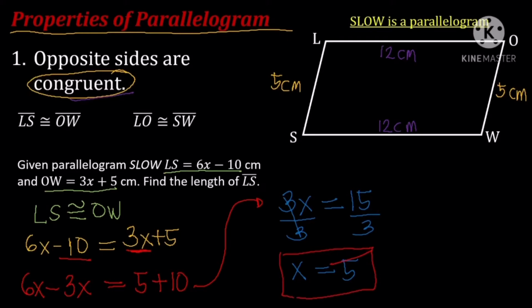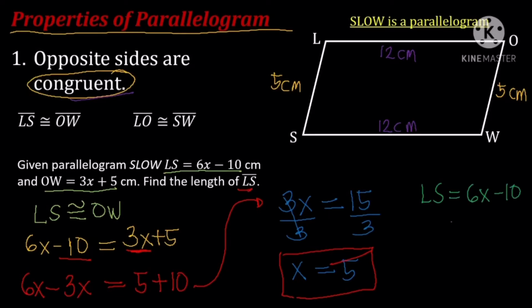So, sa problem natin, find the length of LS. So, ang LS natin is equal to 6x minus 10. Substitute natin yung value ng x natin sa equation natin.